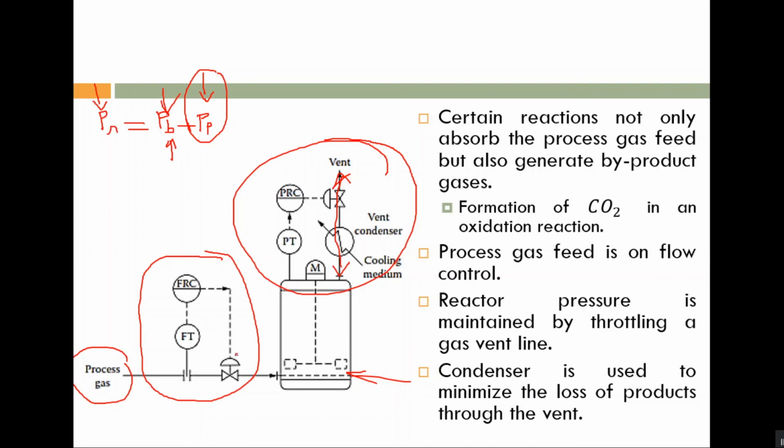So here the controlled variable and the manipulated variable are the same: the controlled variable is the process gas flow rate, and we are manipulating the same thing. Please note here we have two controllers. One controller is used to reduce the pressure due to the byproduct gas, and the second controller is used to maintain the pressure due to the required product. Any doubt regarding this particular one?